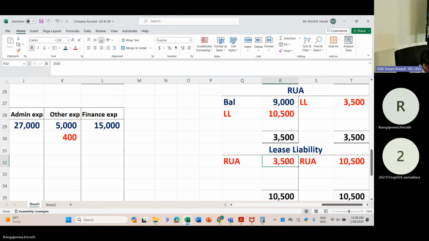Now this 3,500 include interest. That should charge to P&L. Interest 1,100 තියෙනවා කියලා අපිට කියනවා.